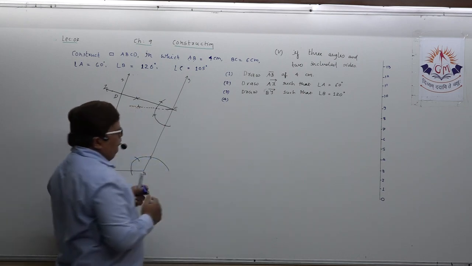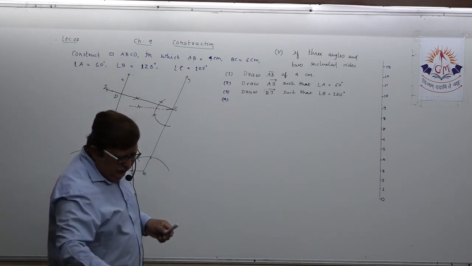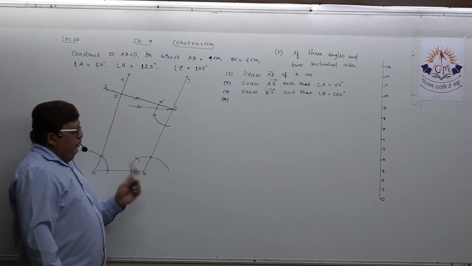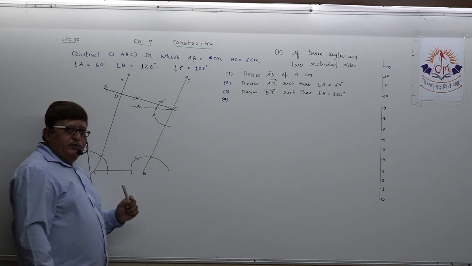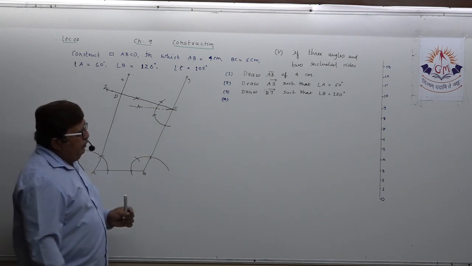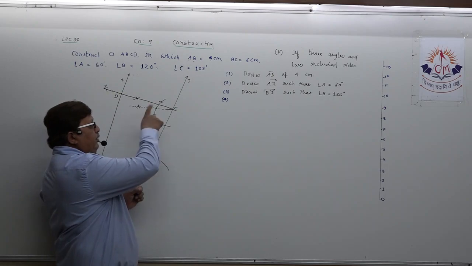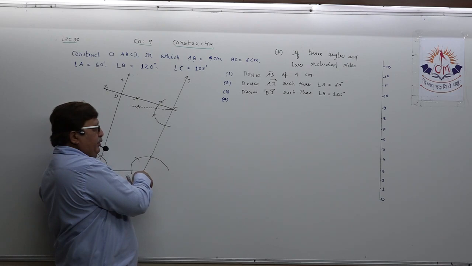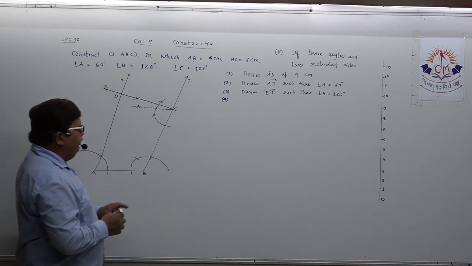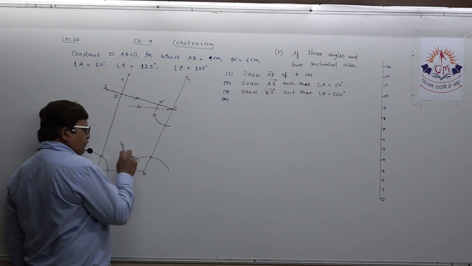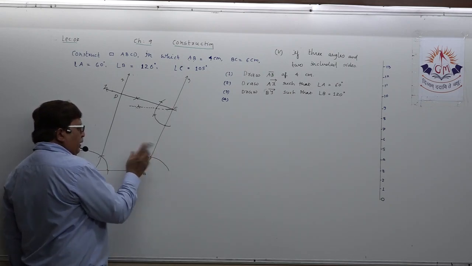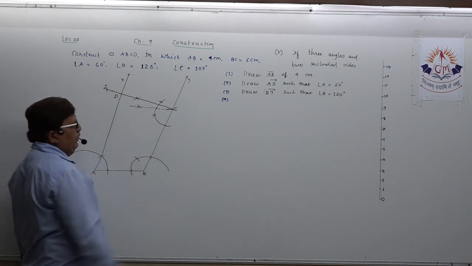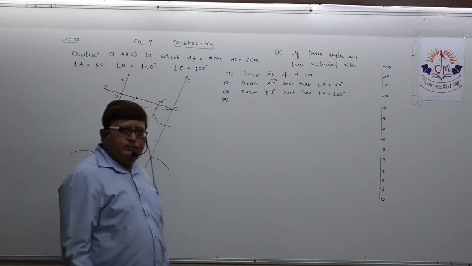Understand? Now, fourth step, dear student. See, ray BY is constructed. You have already written a step that draw ray BY such that angle B becomes 120 degree. Okay. Now see, dear student, what you have done. Constructions are sequential. Now your target is BC.